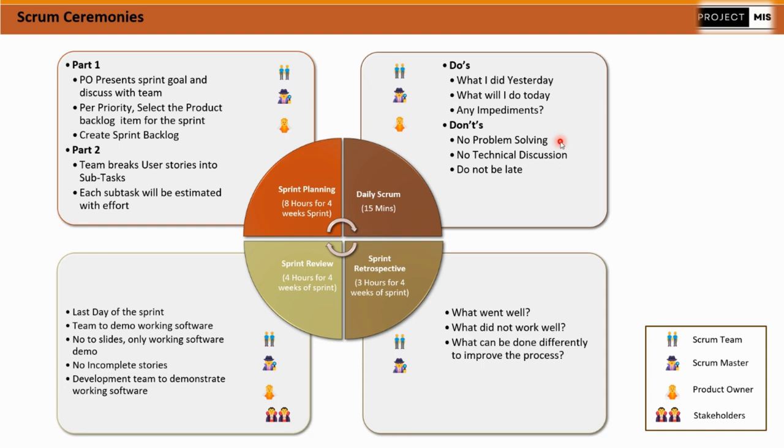But whoever is having the problem, the Scrum Master should note down the problem and just move ahead. Then later he should speak to that particular developer or person and work out the solution for the problem. But right there in the call, we should not be progressing toward a solution.